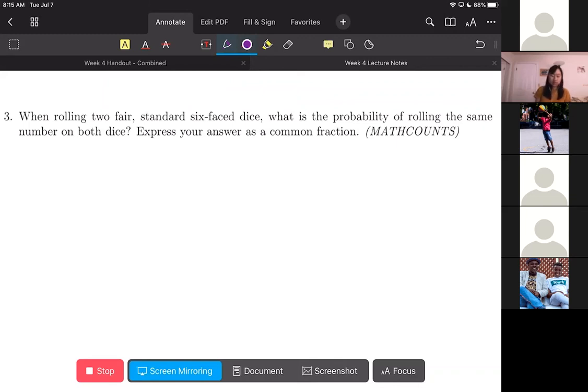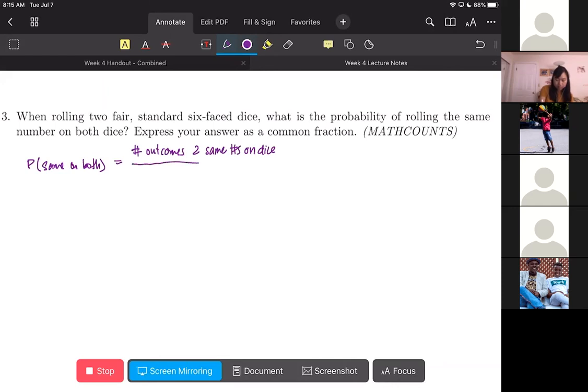Yeah, that's close. So again, we want to count: probability of the same number on both equals the number of outcomes where we have 2 same numbers on the dice, over the number of total outcomes.